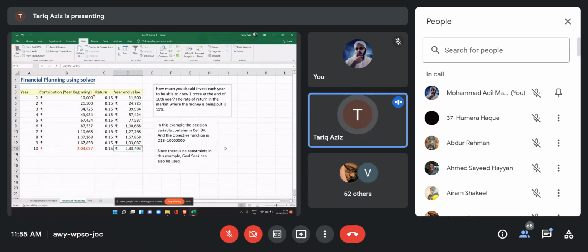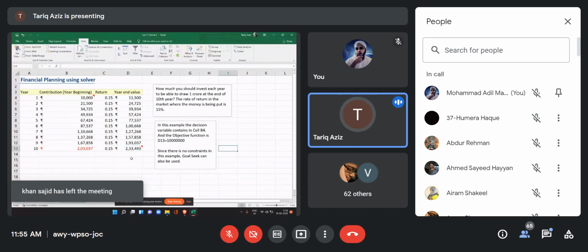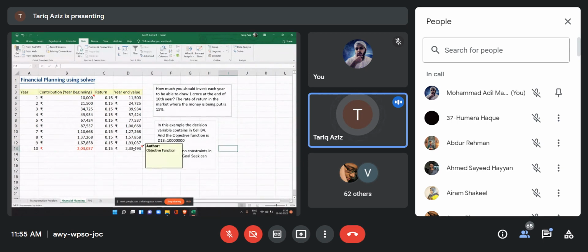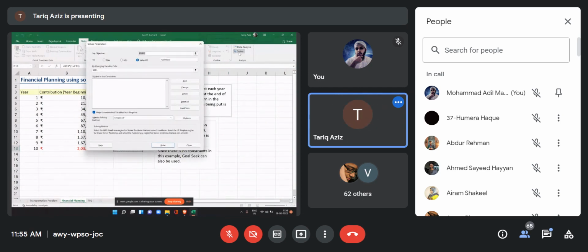So if our objective is to arrive at a corpus of 1 crore, how much money should be invested every year? First you have to select this objective cell, then come to the solver.